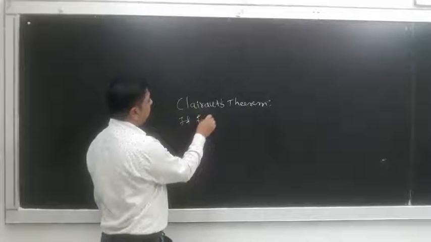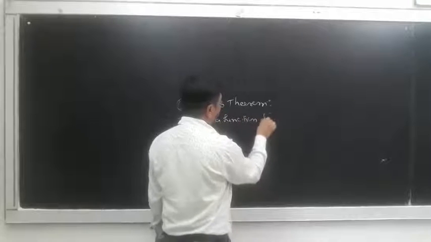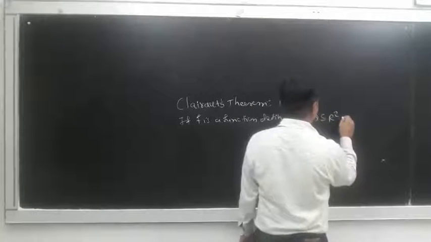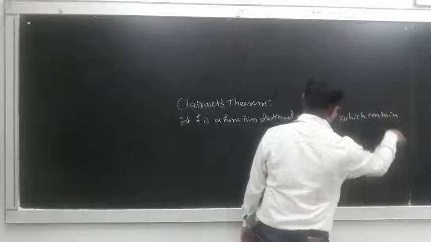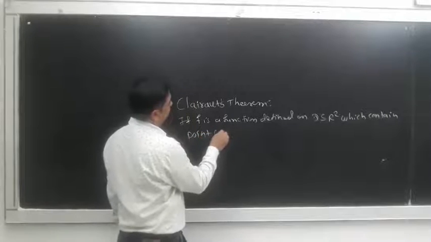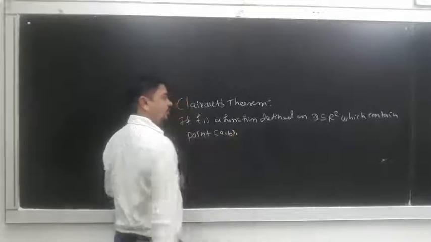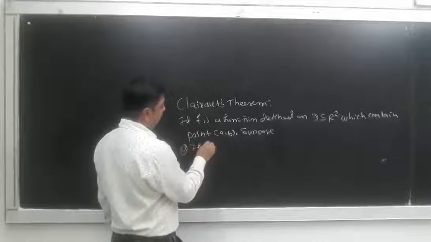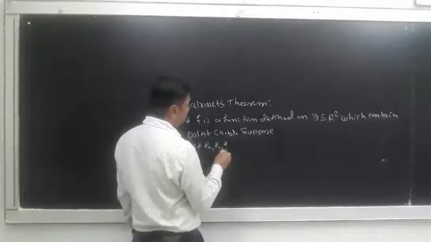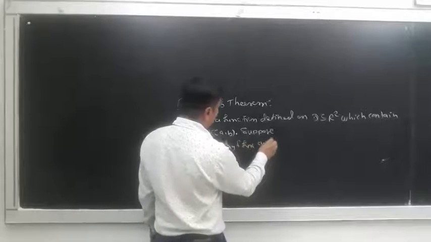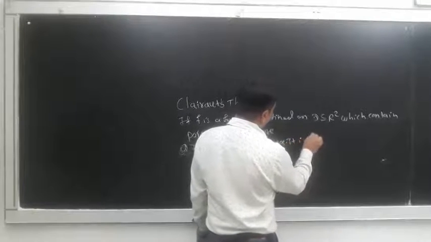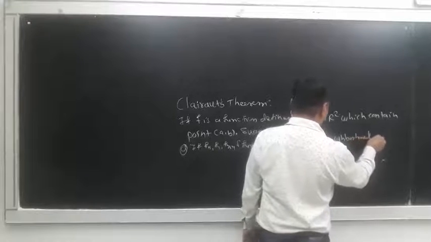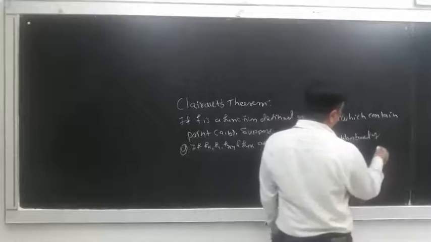So if f is a function defined on D, a subset of R square, which contains the point (a, b). Suppose, first condition, fx, fy, fxy and fyx exist in the neighborhood of (a, b).